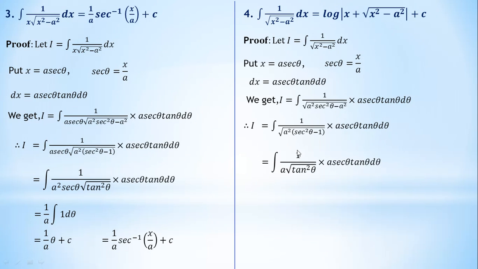So a square becomes a, and under root sec square theta minus 1 means tan square theta, into this one as it is. Now under root tan square theta means tan theta, so tan theta will get cancelled, a also will get cancelled. If you observe this carefully, after this step we get just the integration of sec theta d theta.